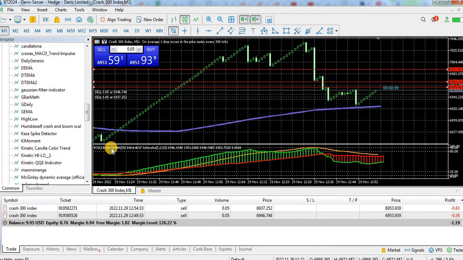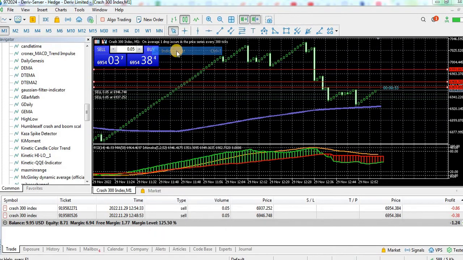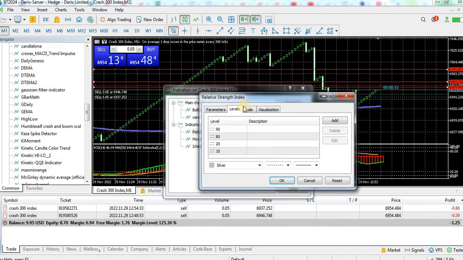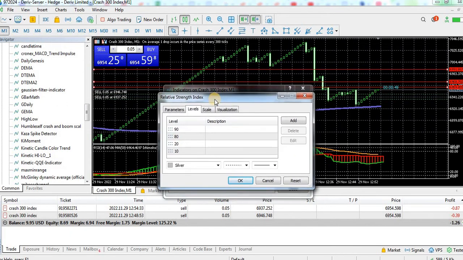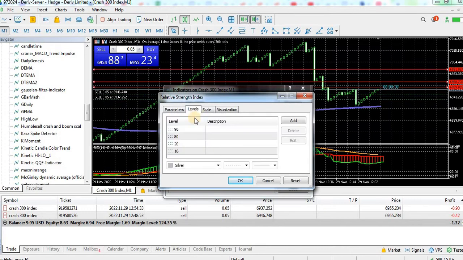Then on this I have, first of all, the RSI. Although we're not going to use this RSI, we just want to use the window. So 14, no style. Then the levels are 90, 80, 20, 10.